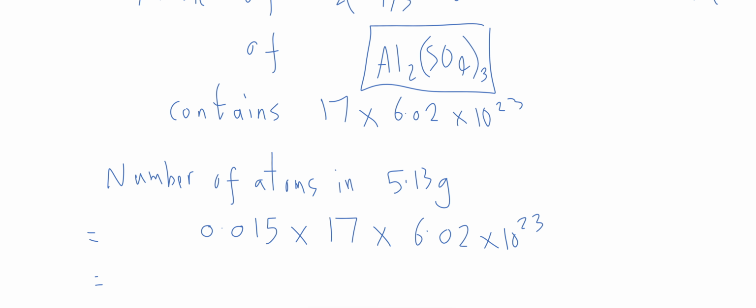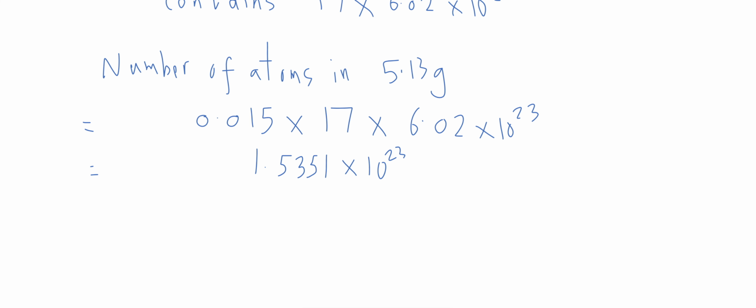And then putting all of those into the calculator, 0.015 times 17 times 6.02 times 10 to the power 23, which is 1.5351 times 10 to the 23, or 1.54 times 10 to the 23 to 3 significant figures.